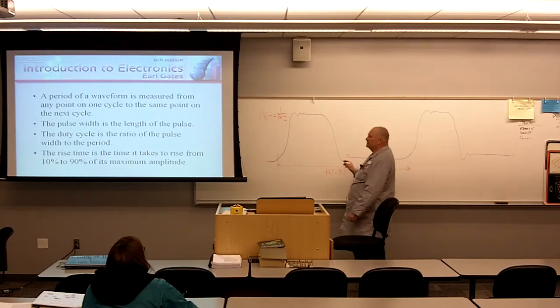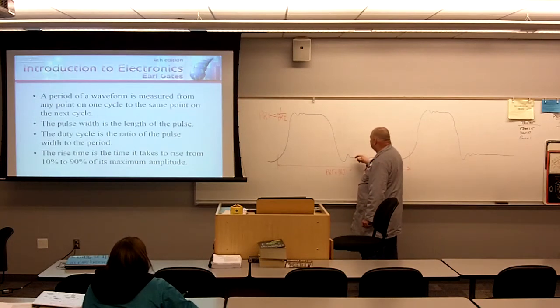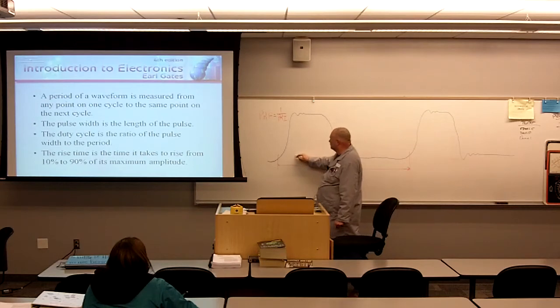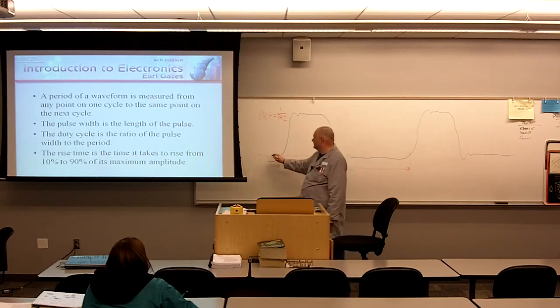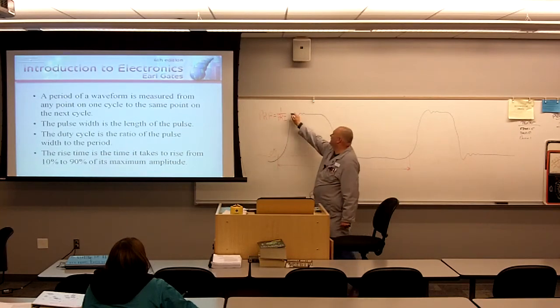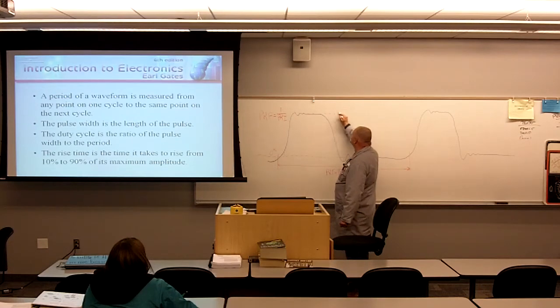What we're going to do is take this pulse width measurement. We're going to establish where 0 percentile is. Okay, so this is my 0 percentile. That's actually kind of low, but that's the artist. It's not the wave. Okay, so this is 0%, and we're going to establish 100% right up here.